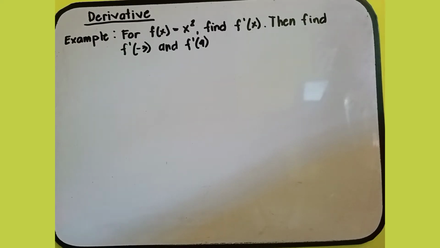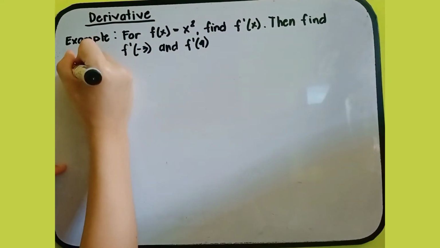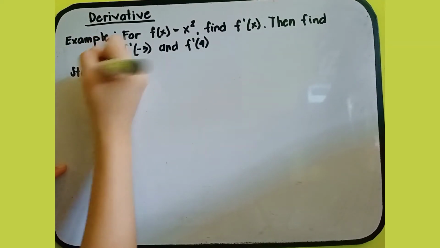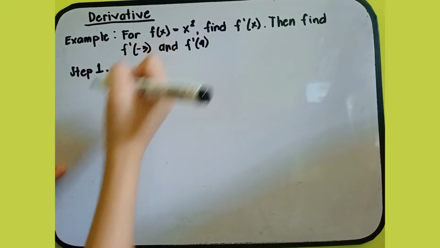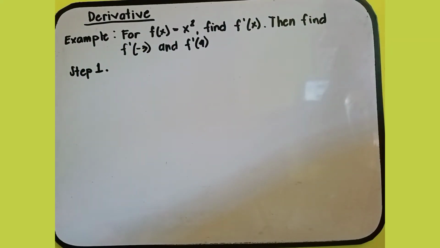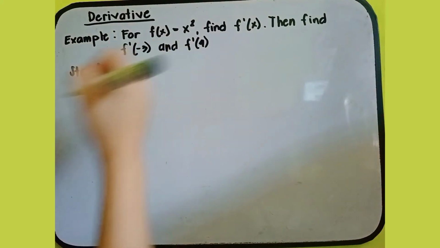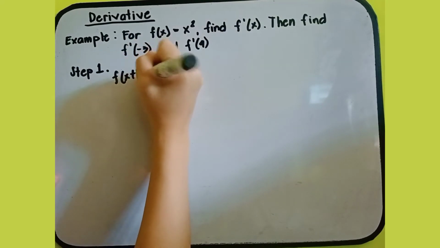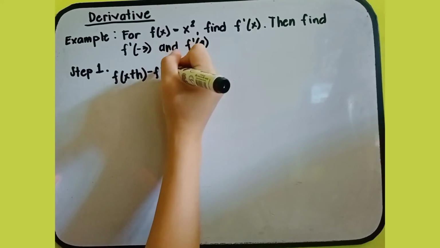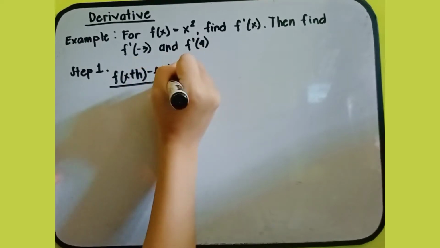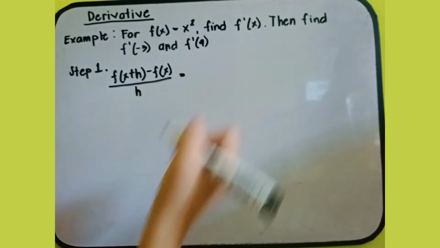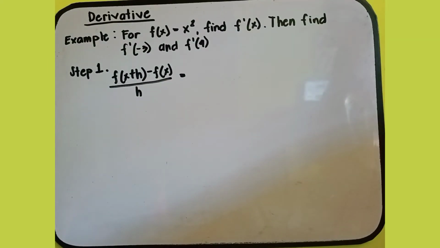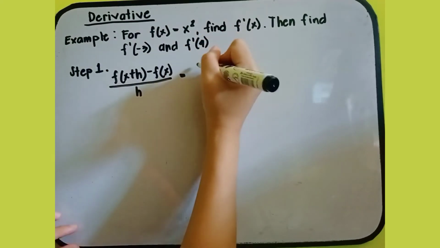So, step 1: we write the difference quotient. Using our formula, f of x plus h minus f of x all over h is x plus h squared.